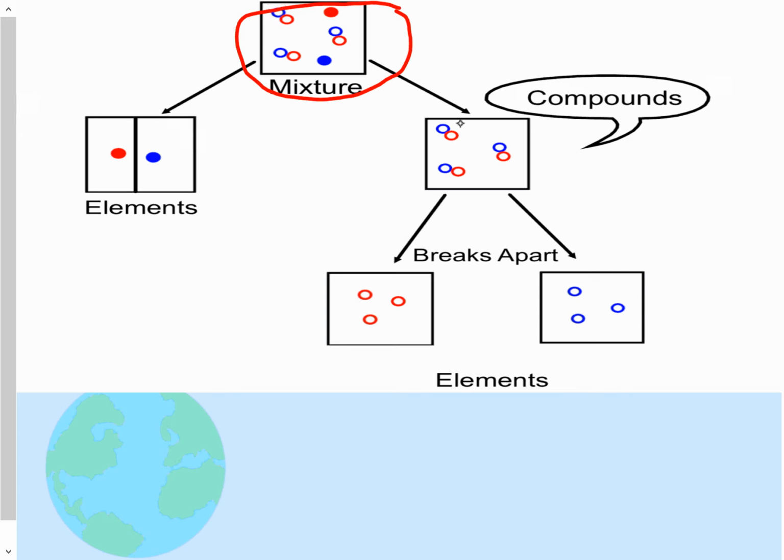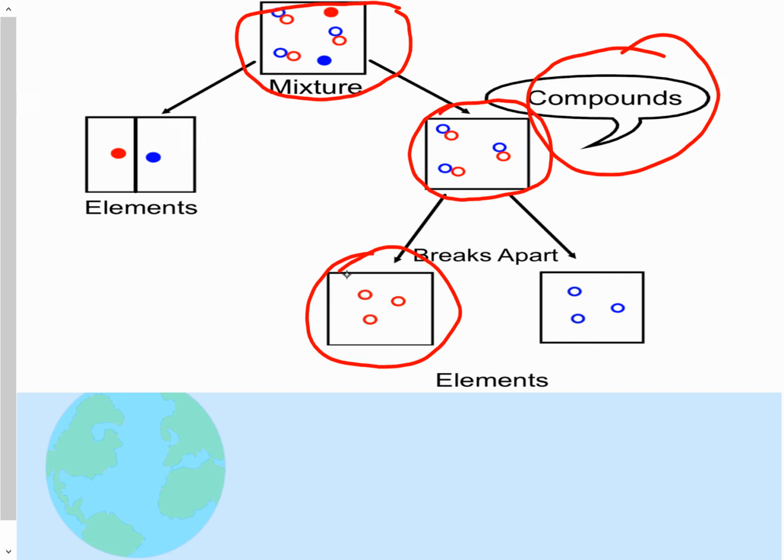Then if we have two or more different types of circle connected with each other and they have the same exact pattern over and over again, meaning in that box I see red and blue all over, and they're exactly the same, so then it would be a compound, meaning you have bunch of different elements chemically combined with each other. If you further separate them, then you will have only one specific type of circle with a specific pattern, and that would be considered as an element.